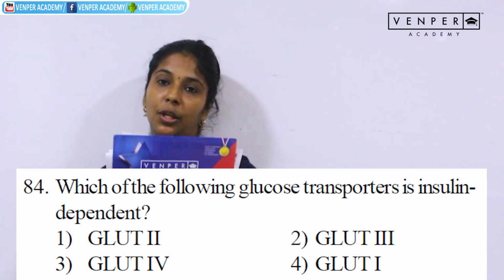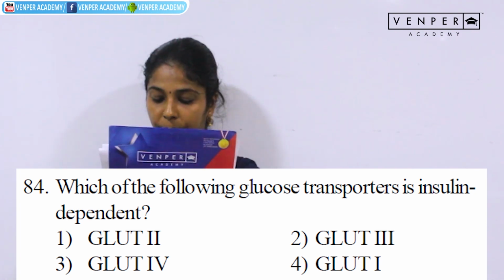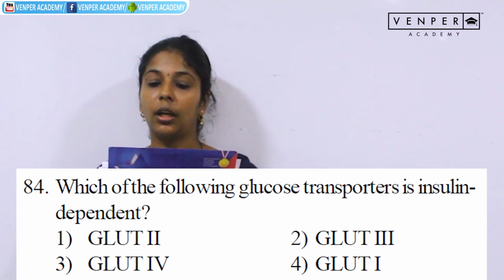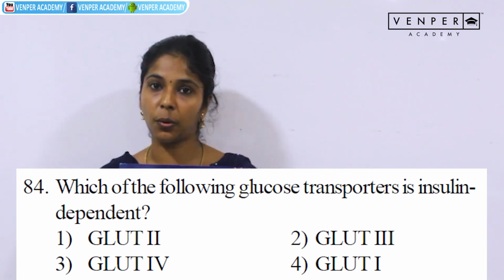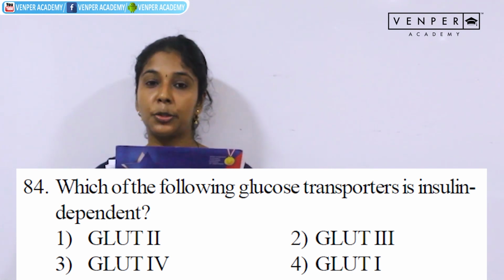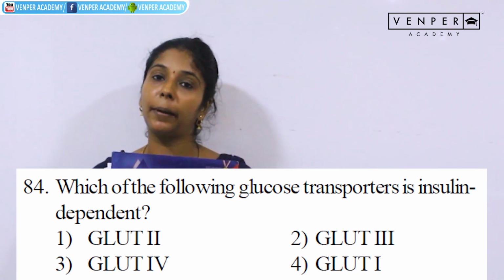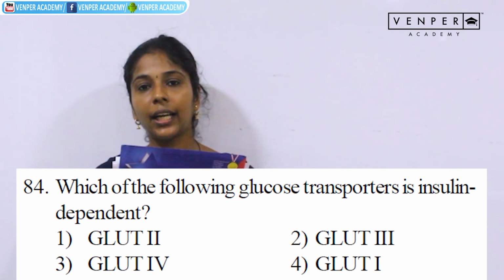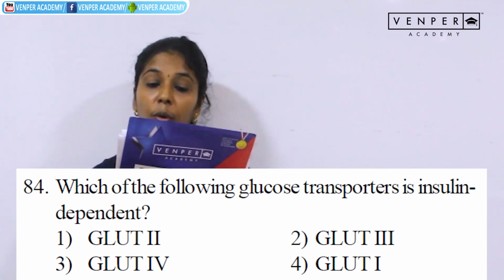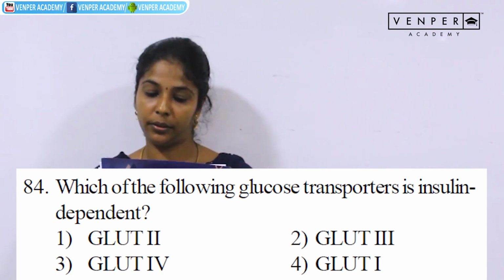GLUT3 transporters are present in neuronal cells and are insulin independent. GLUT4 transporters are present in muscle and adipose tissue and are dependent entirely on insulin. GLUT1 transporters are again independent of insulin and are present in different tissues. So the correct answer for this question is GLUT4, which is entirely dependent on insulin.